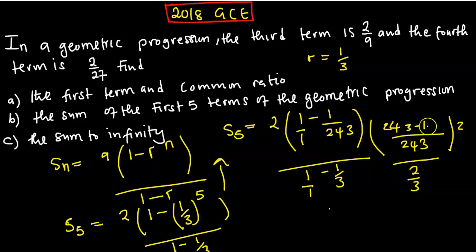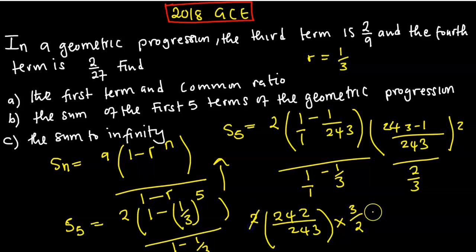So in the brackets, 243 minus 1 is 242, divided by 243. But remember, there's a multiplication by 2 here. The one that you are dividing by, when we bring it this side, is going to be multiplied by 3 over 2.